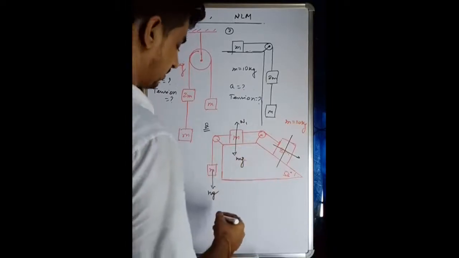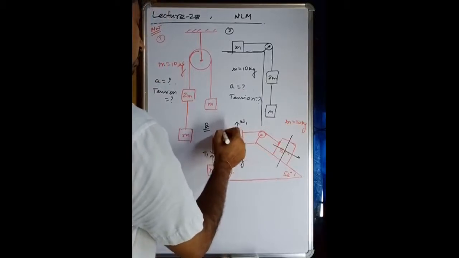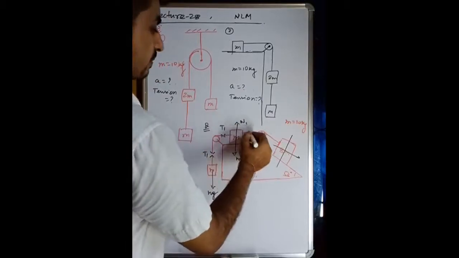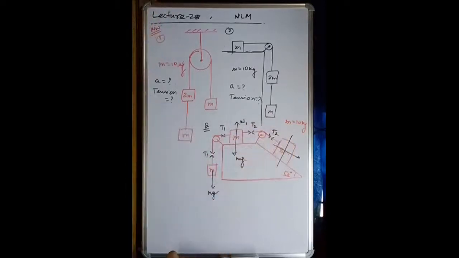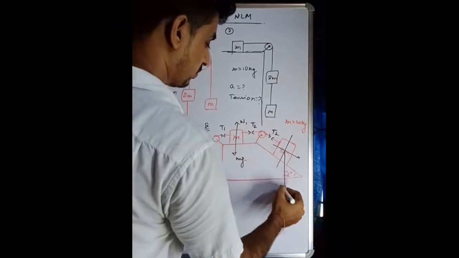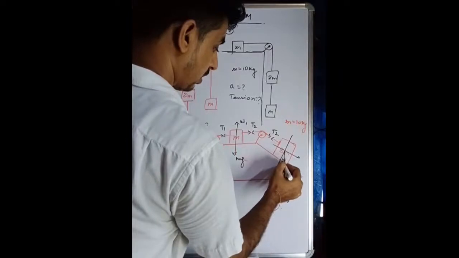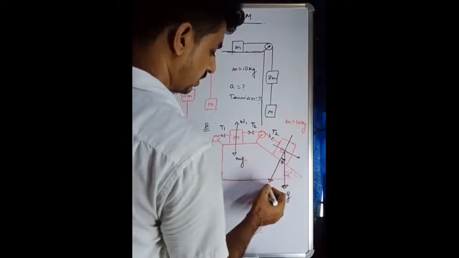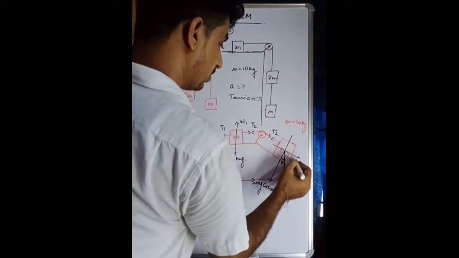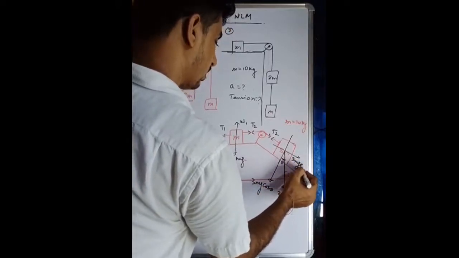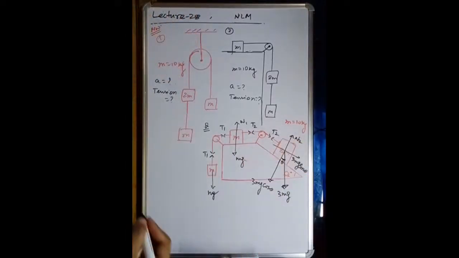Here the tensions: T1, the tension will change because the string changes, and T2. Here is thrice mg, and this is theta, so this will be 3 mg cos theta, and this will be 3 mg sin theta. You can write this as N2; we have no more forces.